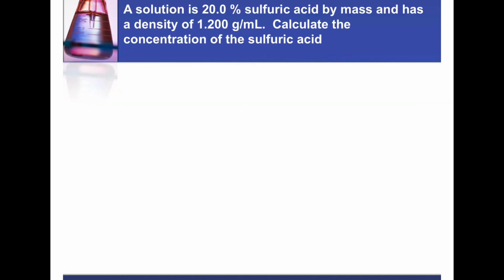So I've taken the information and put it up here on top so that we can keep track. The first calculation that we're going to do is molarity. Molarity is moles of sulfuric acid, use your nomenclature to figure out that formula there, divided by liters of solution.